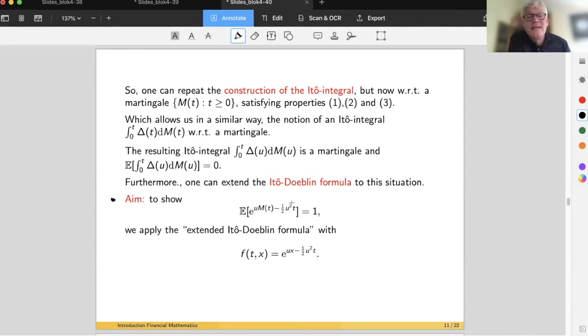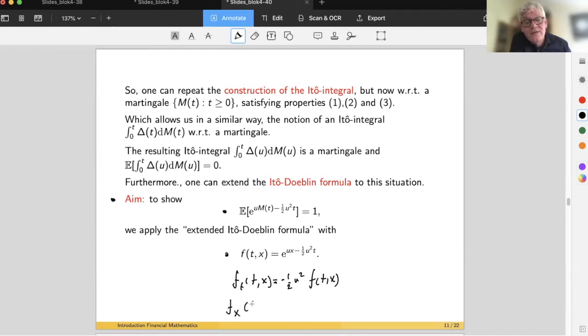in expectation e to the u m_t minus 1/2 u squared t is equal to 1. And what we do is we apply the extended Ito-Doeblin formula, and our f of t and x is written like e to the ux minus 1/2 u squared t. Now f_t of t and x is equal to minus 1/2 u squared times the term itself, f of t and x.